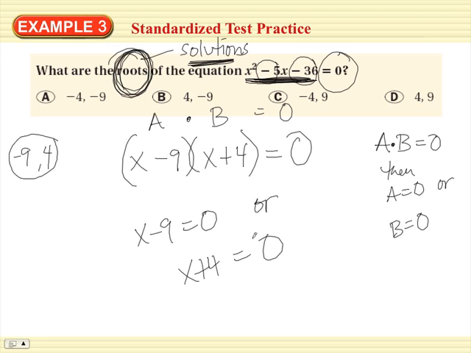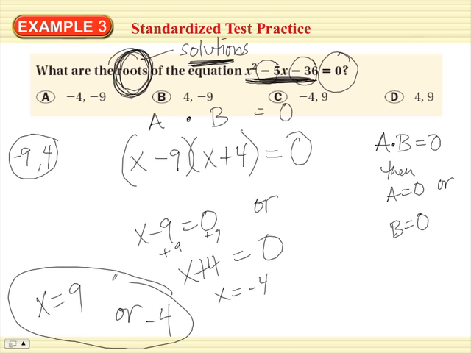Now what? Find X. Solve for X. Plus 9 plus 9. X could equal 9. Or negative 4. X could equal negative 4. Notice those answers are the opposite of what we chose up here, right?